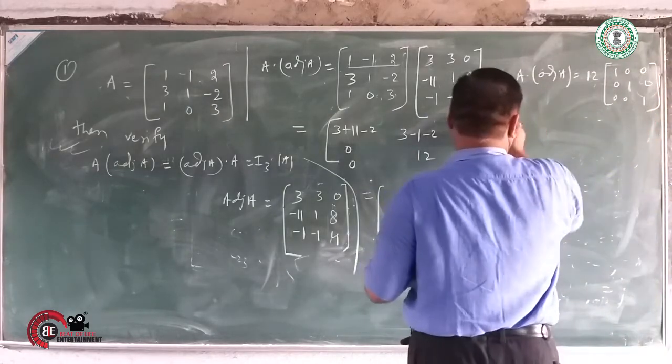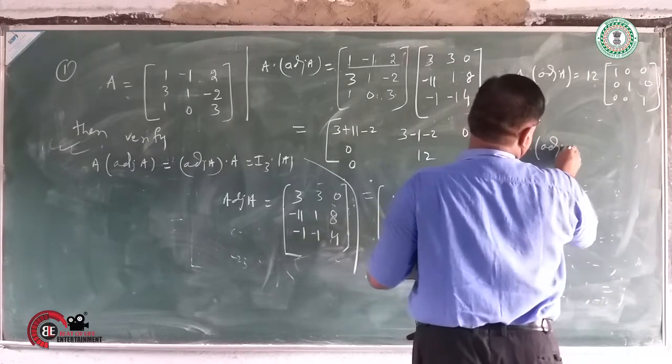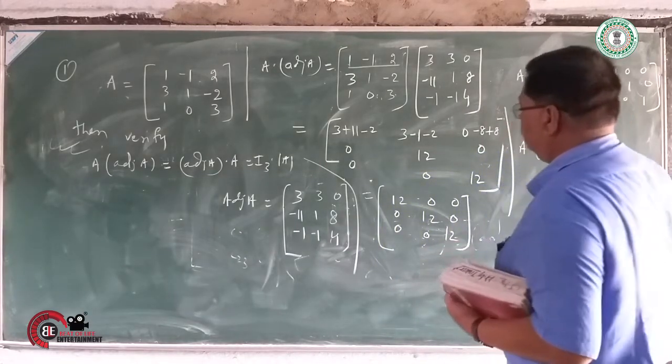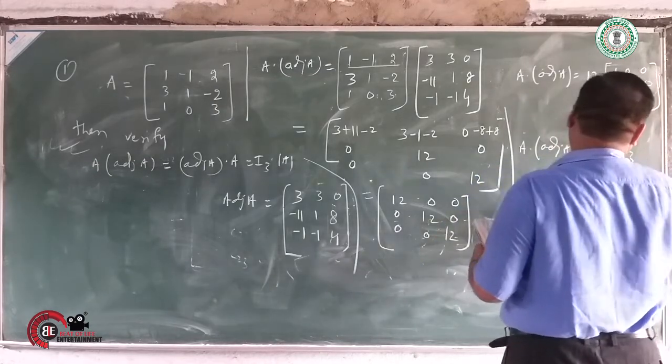So A into adjoint A is 12, that is determinant A, into I3.